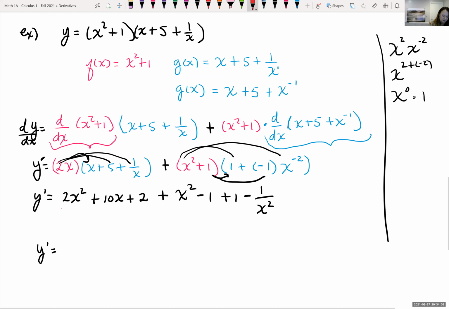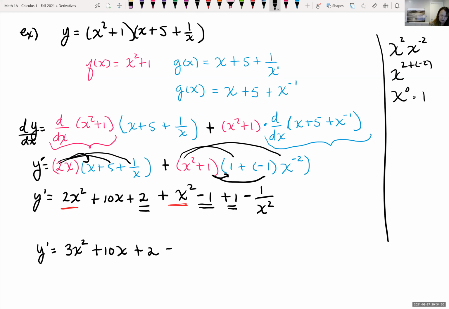So combine like terms, 2x squared plus 1x squared. This gives us 3x squared. There's no other term with just x, so plus 10x. We have here a 2 minus 1, which is 1, plus 1, which is 2.